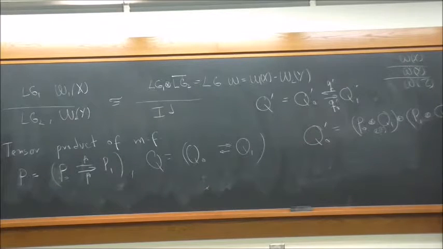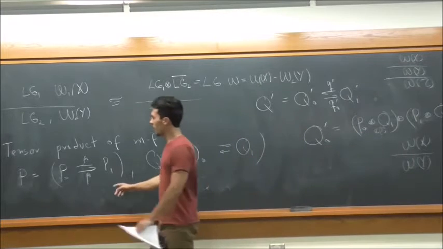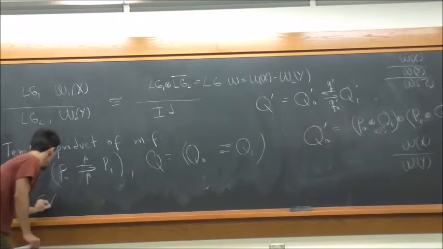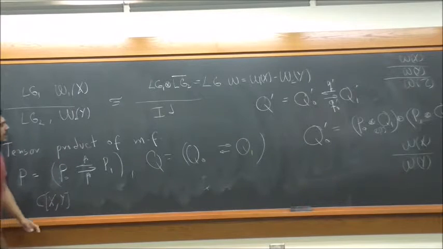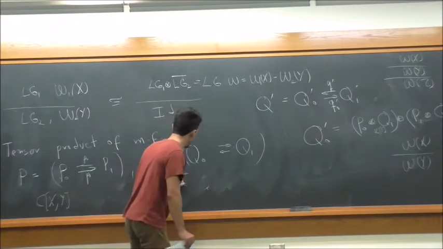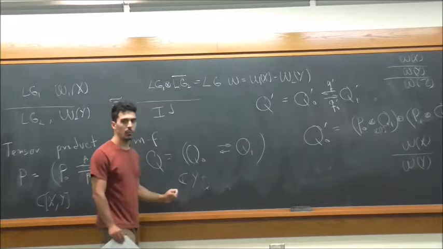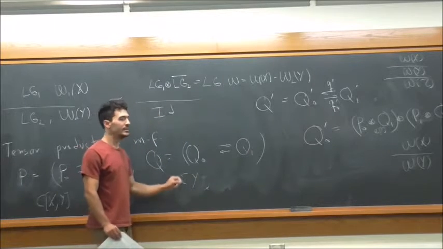But the same way, when we talk about a defect across W with x and W with y, these spaces here are taken as C, X, Y modulus. And these spaces here will be taken as C, Y, Z modulus, right?